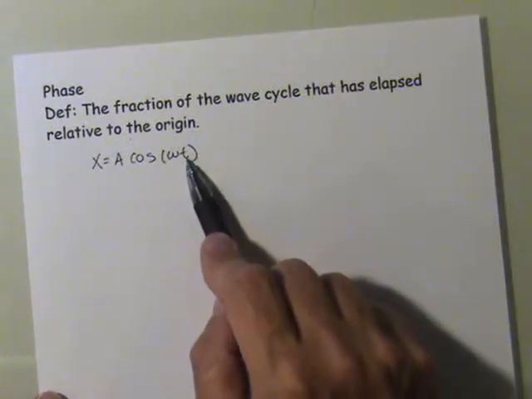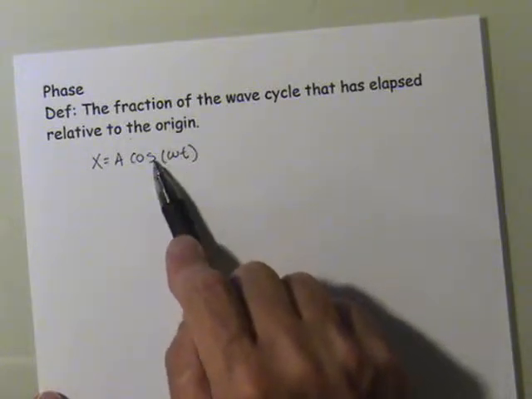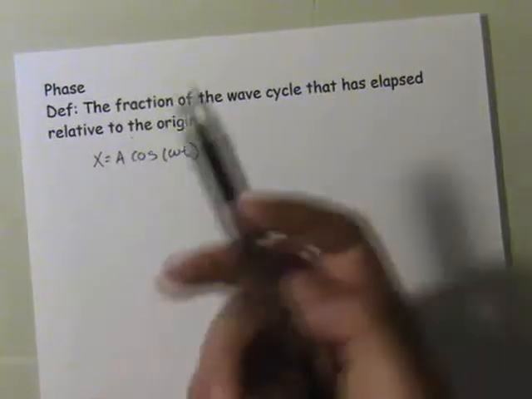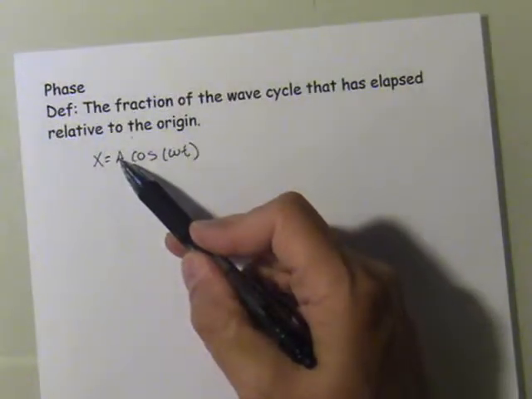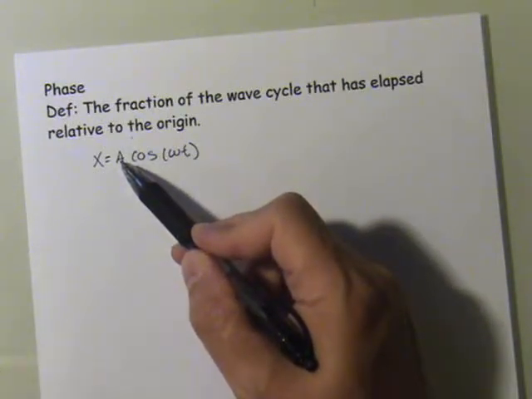So when t is equal to 0, that guarantees that what's in the parentheses is 0, that guarantees that the cosine is at its maximum value of positive 1, and therefore that's a situation in which the oscillator is started at t equals 0 at its amplitude, or at its maximum displacement.